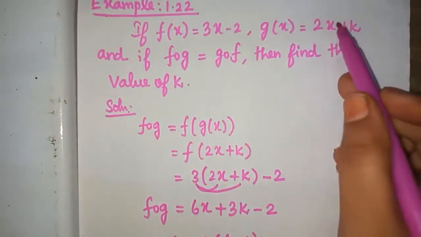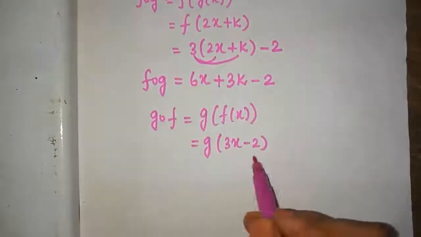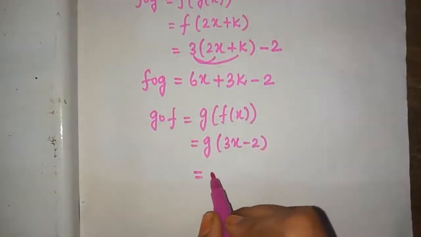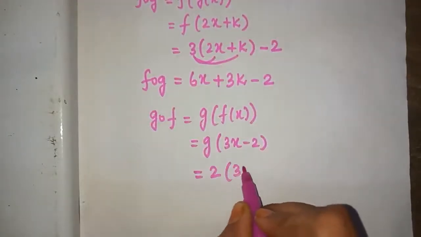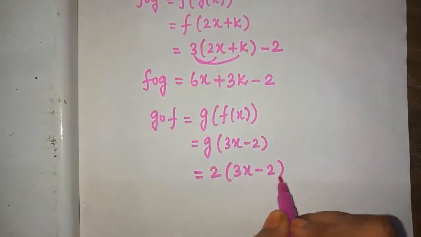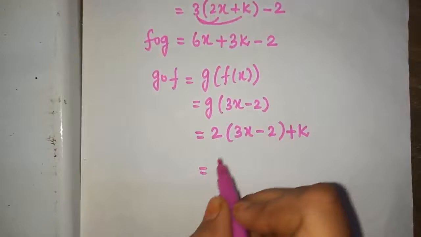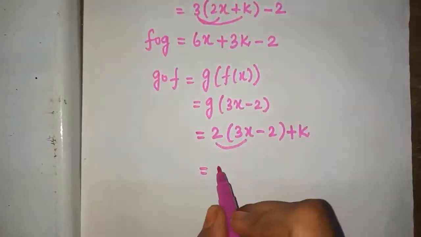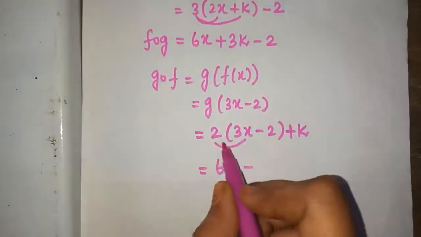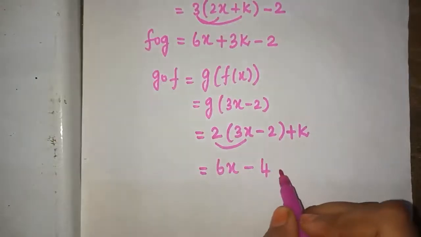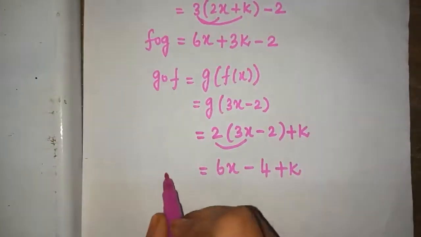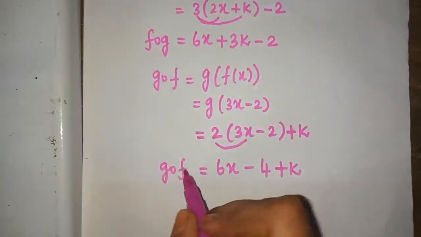So instead of x, you have to put 3x minus 2, which is equal to 2 into 3x minus 2 plus k, which is equal to, next step you have to multiply, 3 2s are 6, so 6x minus 2 2s are 4 plus k. This is your g composite f.